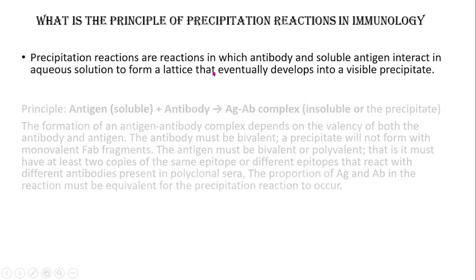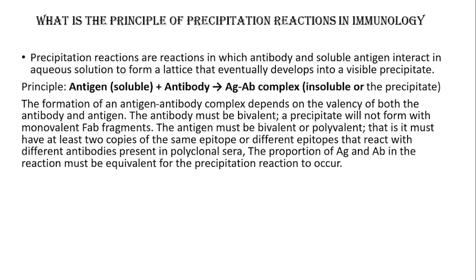So the principle of the precipitation reaction is that the soluble antigen reacts with the antibodies, resulting in the formation of an insoluble antigen-antibody complex, or the precipitate, or the lattice.